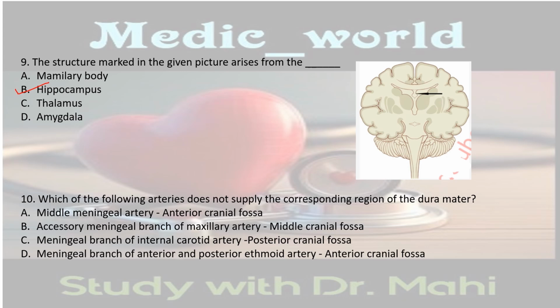Meningeal branch of internal carotid artery, posterior cranial fossa. No, it is the wrong statement because it supplies the anterior cranial fossa. So the answer is option C. Let's see the last statement. Meningeal branch of anterior and posterior ethmoid artery supplies the anterior cranial fossa. It is the right statement. Next question.